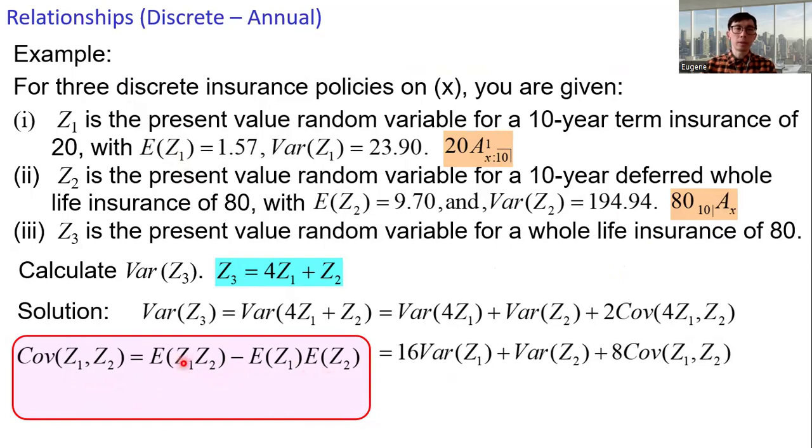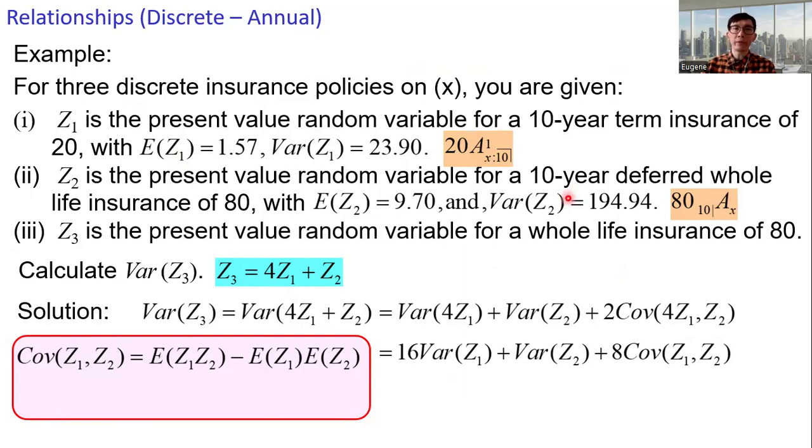So what is Z1 times Z2? Z1 is a 10-year term insurance. That is, the death benefit only pays if the individual dies within the 10-year period. And then Z2 is a 10-year deferred whole life insurance. There's no death benefit in the first 10-year period, during the deferred period.